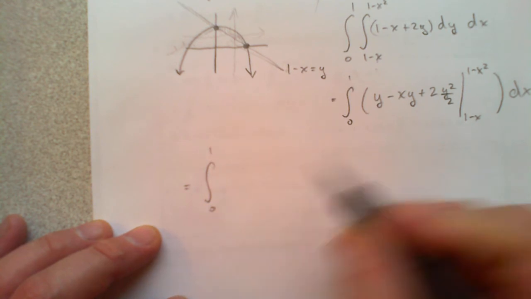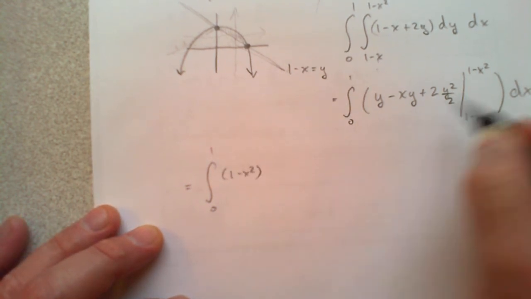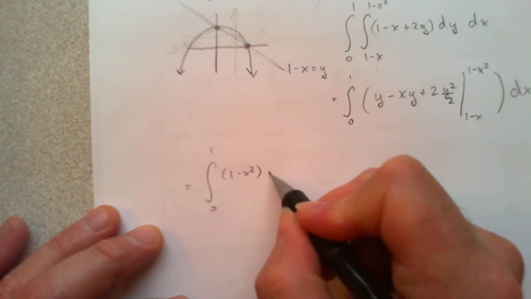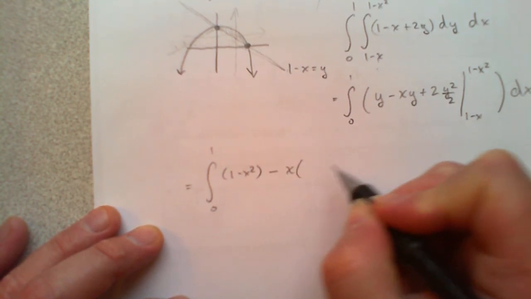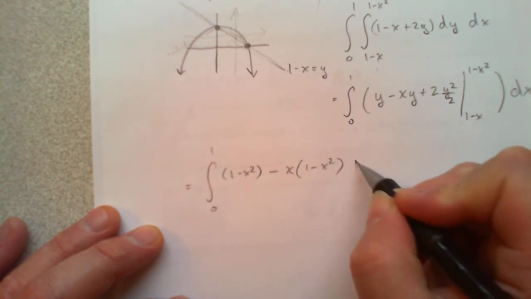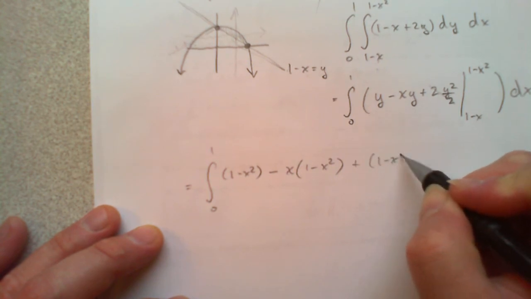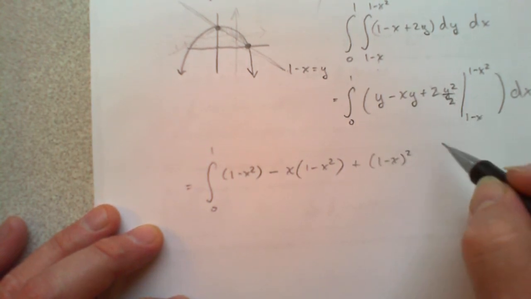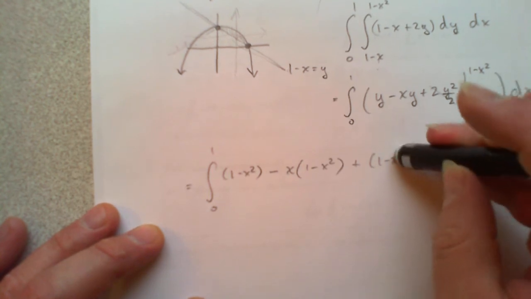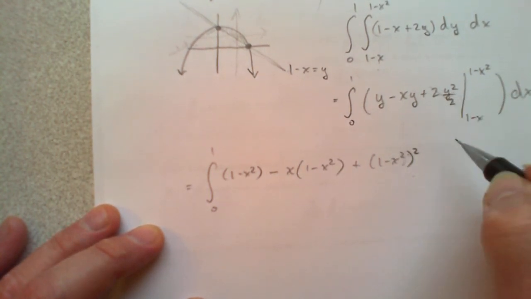So 0 to 1, 1 minus x squared, plugging those in where the y is, minus x times 1 minus x squared, plus, cancelling out those 2's, plus 1 minus x squared, quantity squared.